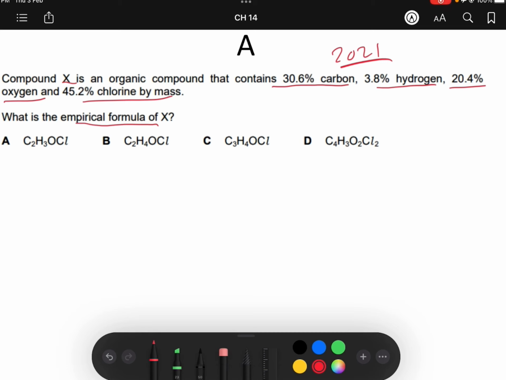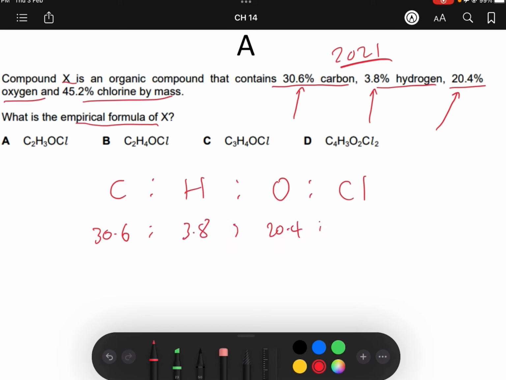First of all, you have to keep in mind how the empirical formula is written. You have carbon, hydrogen, oxygen, and chlorine. The given percentages here, let's say, are in terms of mass. So the carbon here is 30.6, for hydrogen it's 3.8, for oxygen it's 20.4, and for chlorine it's 45.2.